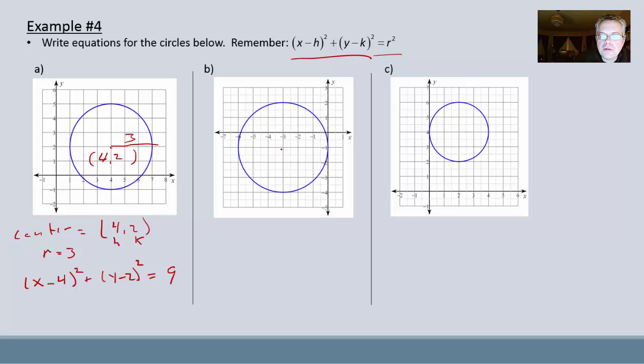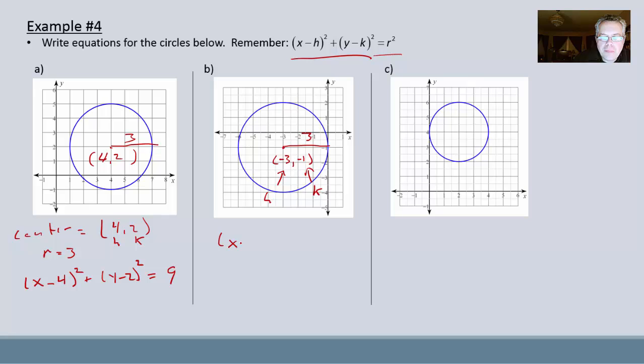All right, so here, the center of this circle is at (−3, −1). And this time it looks like the radius is 3. Okay, so −3 is h. −1 is what they refer to as k. We have the three things we need, h, k, and r. So we just got to put it together.